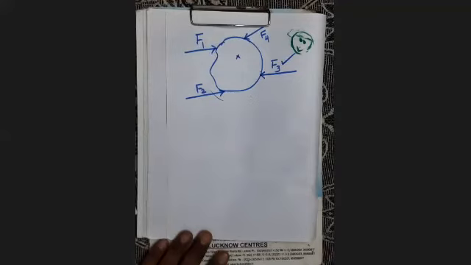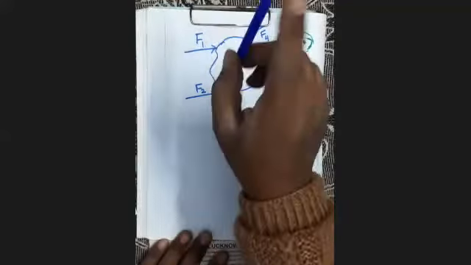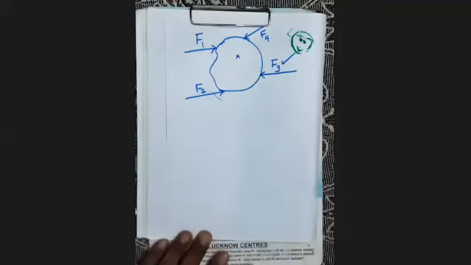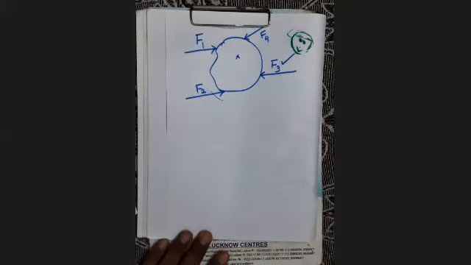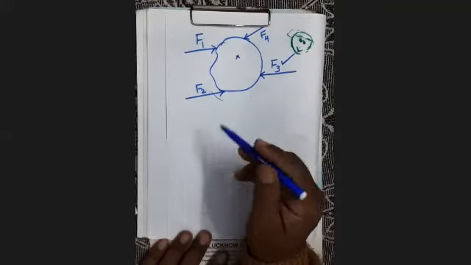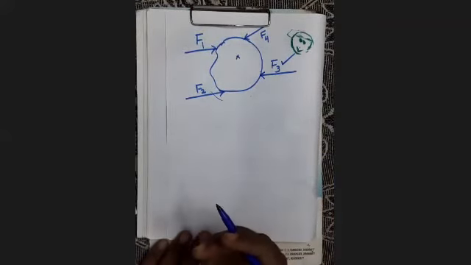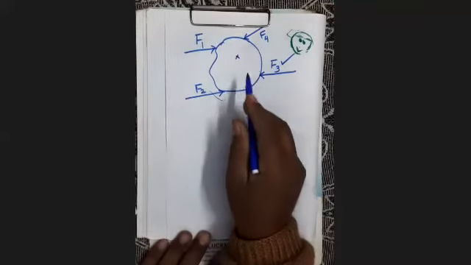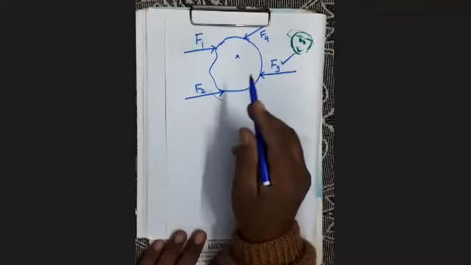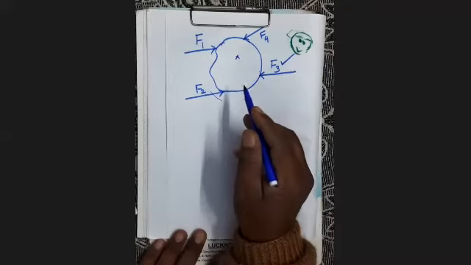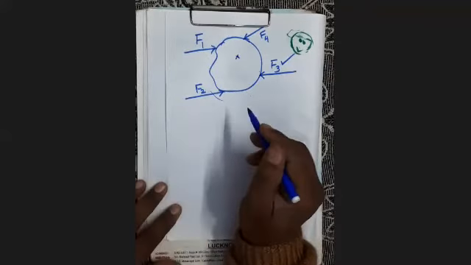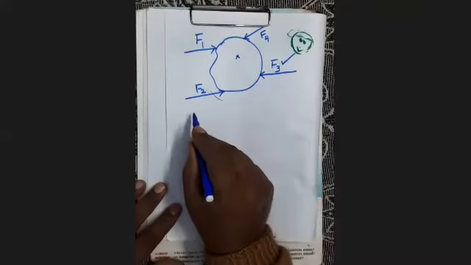Now, as we know, torque can act either in an upward direction or in a downward direction. Torque will be either clockwise or anti-clockwise. There are only two directions. So what will be the condition of equilibrium?